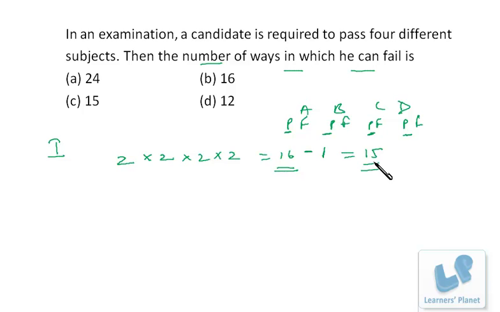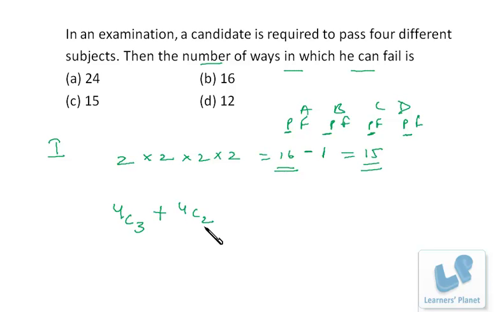Alternatively, he has to fail in at least one subject. So let's calculate that. Suppose he fails in 3 subjects. Out of 4 subjects, he fails in 3. Which 3? The combination we will get by 4C3. Now suppose he fails in 2 subjects.